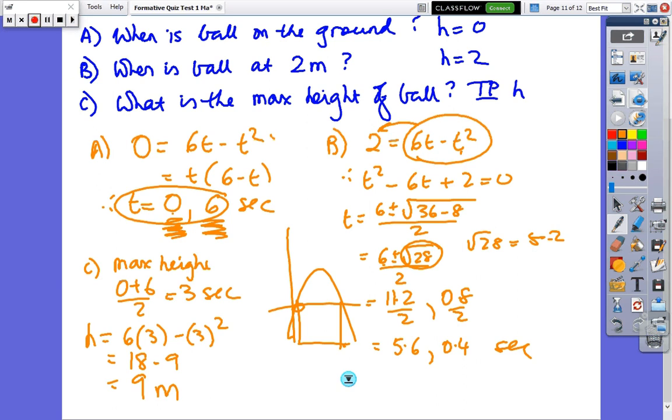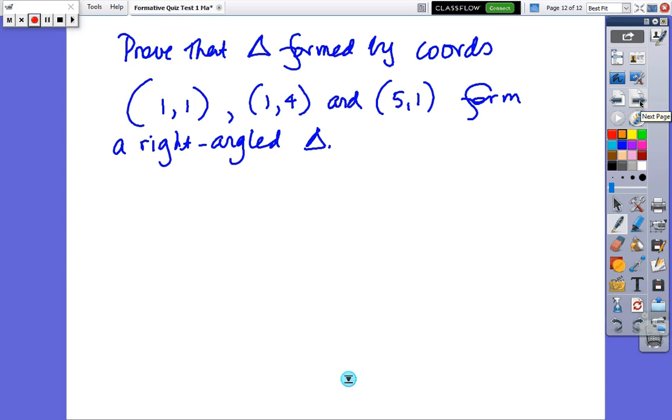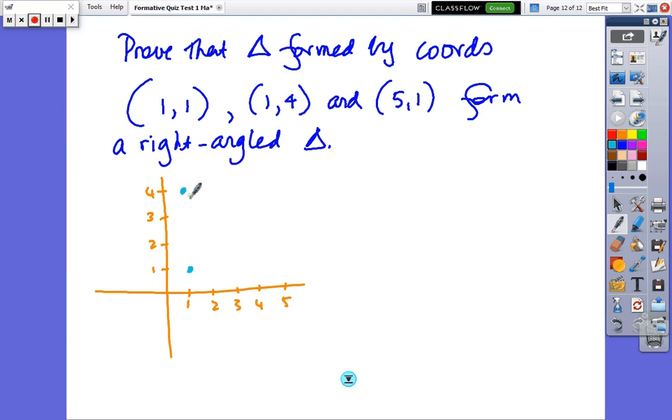Moving on, last page. Prove that the triangle formed by coordinates (1, 1), (1, 4) and (5, 1) is a right angle triangle. So I just made one. It's pretty straightforward. So if I do a sketch, you'll see what I mean. So (1, 1) is there, (1, 4) is there, and (5, 1).